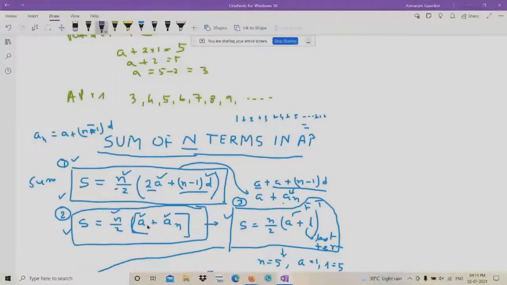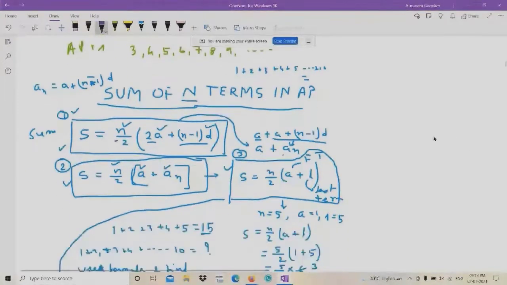So again, the same formula can be written as S is equal to n upon 2 multiplied by a plus an. So this is the second formula that you have to remember, and an is nothing but the last term and a is the first term. So again, you can write the same formula as S is equal to n upon 2 multiplied by a plus l. A is the first term and l is the last term.